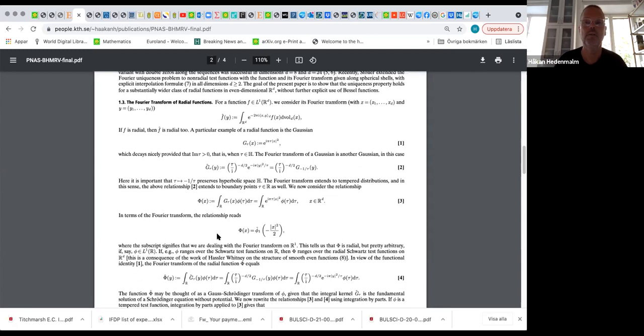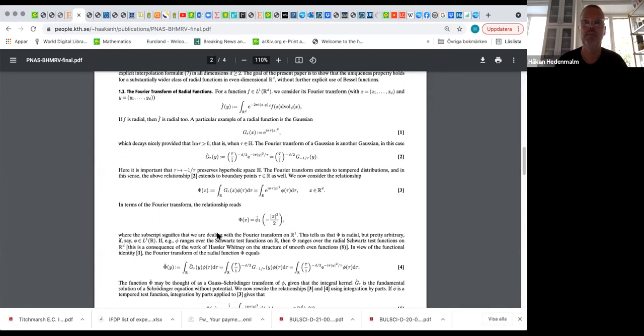So the approach in this paper is working with Gaussians and taking the Fourier transform of Gaussian waves.